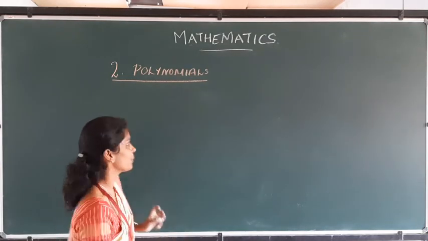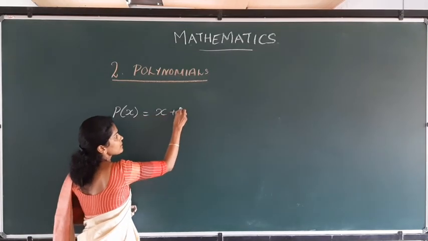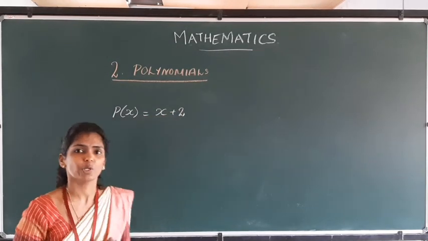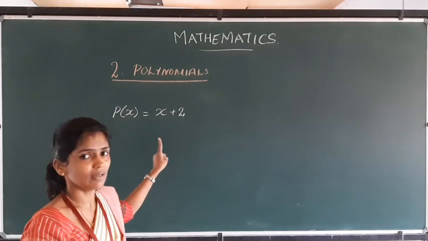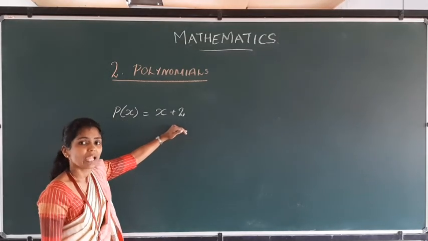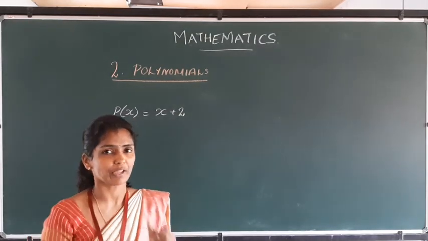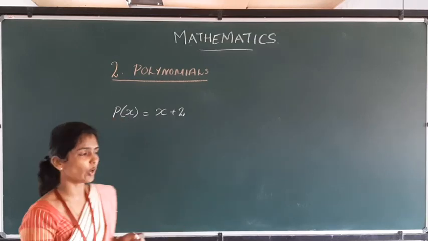Consider one polynomial P of x equal to x plus 2. Consider one polynomial in one variable. Here the variable is x. P of x equal to x plus 2. Then how do we find the value of P of x, or the value of that polynomial?